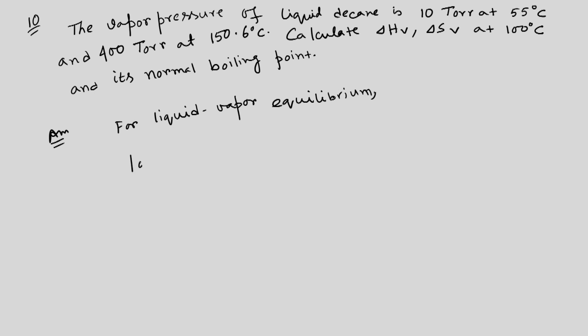we can write log P2 by P1 equals delta HV by 2.303 R times (1 by T1 minus 1 by T2).